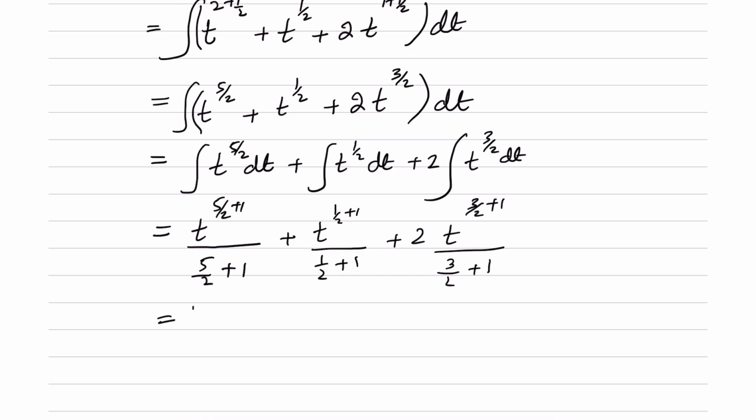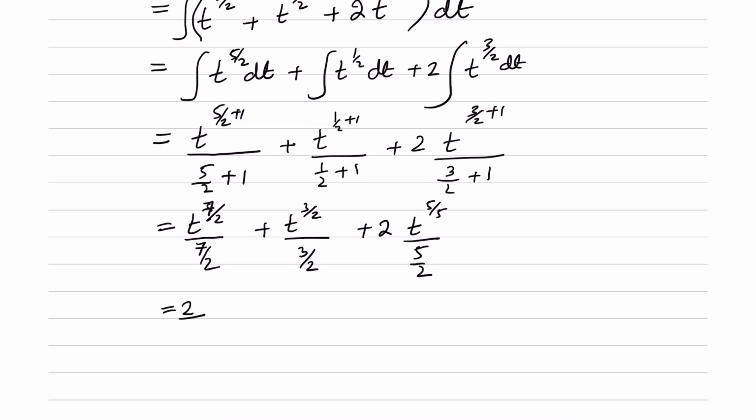So we solve this: t power 7 by 2 divided by 7 by 2, plus t power 3 by 2 divided by 3 by 2, plus 2 t power 5 by 2 divided by 5 by 2. Let's simplify this further. It is 2 by 7 t power 7 by 2, plus 2 by 3 t power 3 by 2, plus, since 5 by 2 goes up and becomes 2 by 5, and 2 by 5 multiplied by 2 gives us 4 by 5, t power 5 by 2.